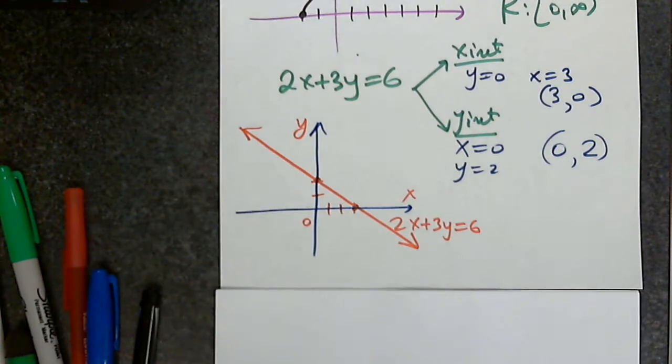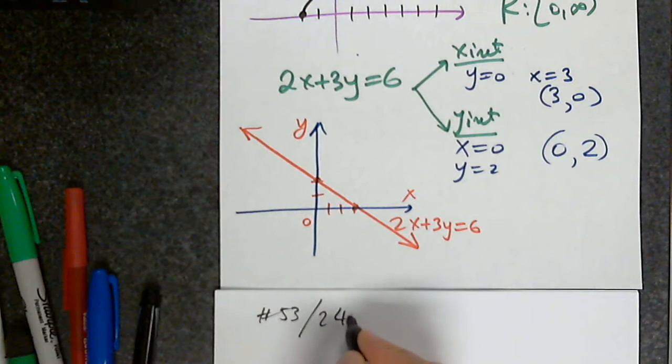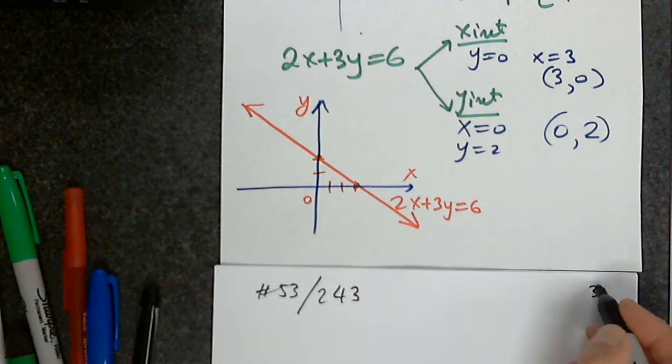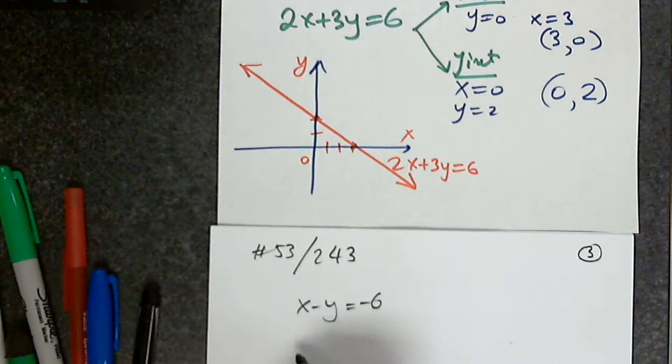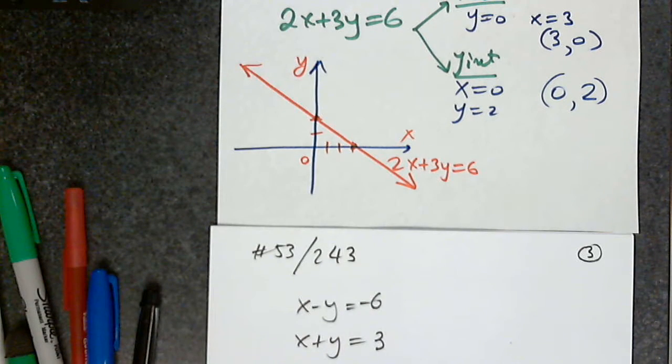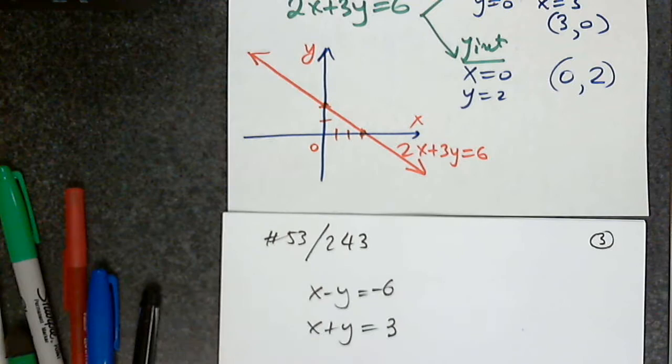I would like you to think about the following problem. 53 on page 243. We're given two lines, two equations. x minus y equals -6 and x plus y equals 3. Determine whether they are parallel, perpendicular, or none of the above. You do not need to graph.